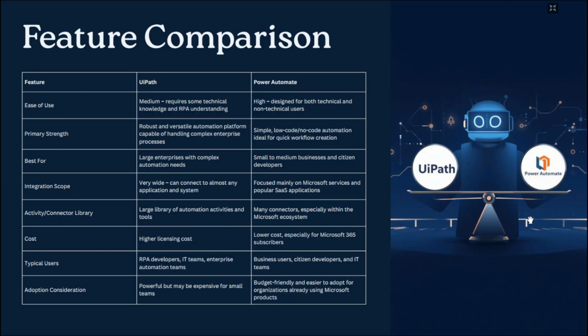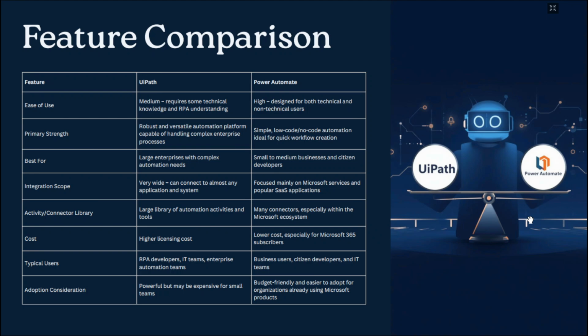So that's, as we checked out, the integration scope. UiPath has much more far-reaching capability as compared to Power Automate. Activity connector library: large library of automation activities and tools in the UiPath world, and in Power Automate, many connectors, especially within the Microsoft system.